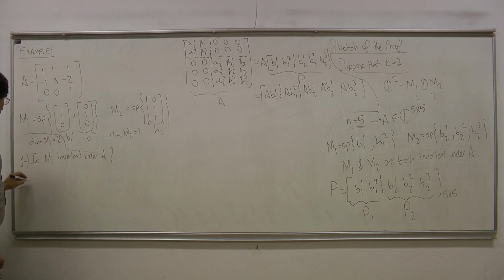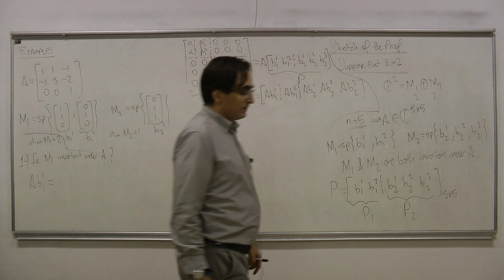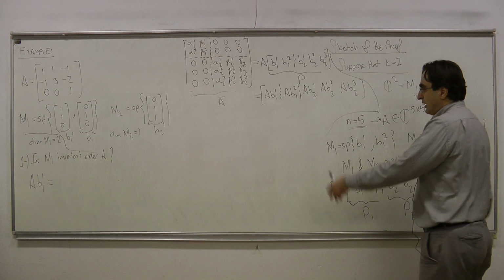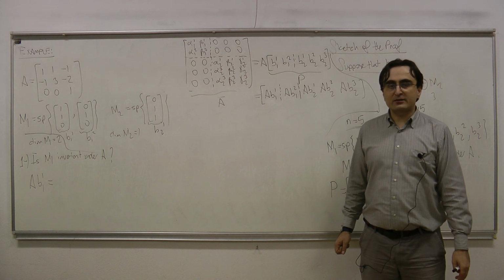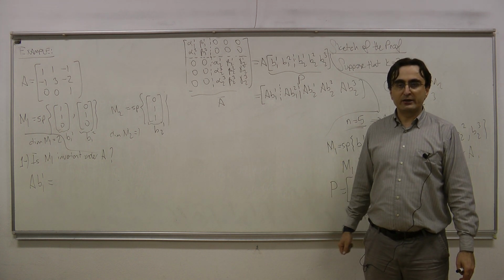So now I'm going to look at A times B11, the first basis vector times A. Okay? I will check if, when I transform the first basis vector with A, I am going to get another vector inside M1 or not. If I again obtain another vector inside M1, then we are fine.